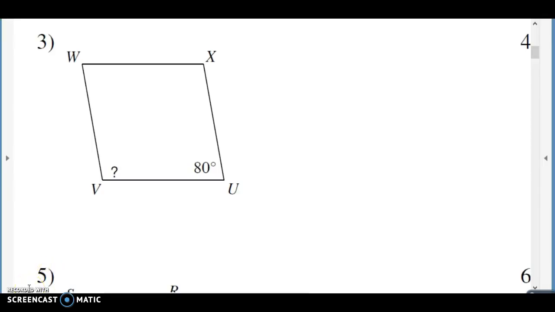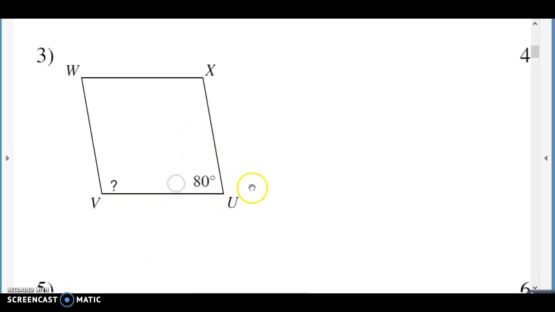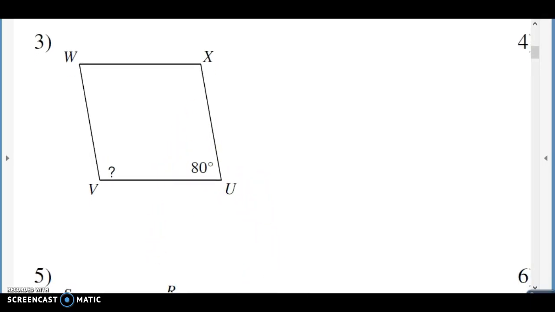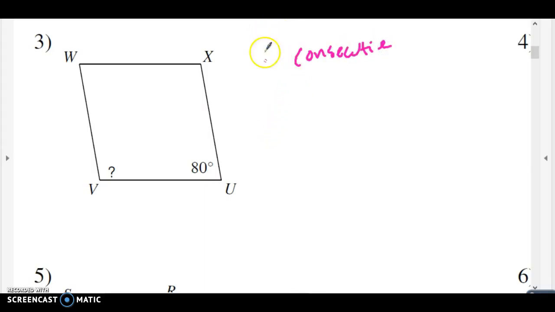Now for this problem, we're going to work through it a little bit more quickly because it's very similar to one of the previous ones that we've done. Yes, these are consecutive. The reason that we know that they're consecutive is they're just right next to one another. We can see that these two angles are right next to one another. So we have consecutive. So we're going to use that property.